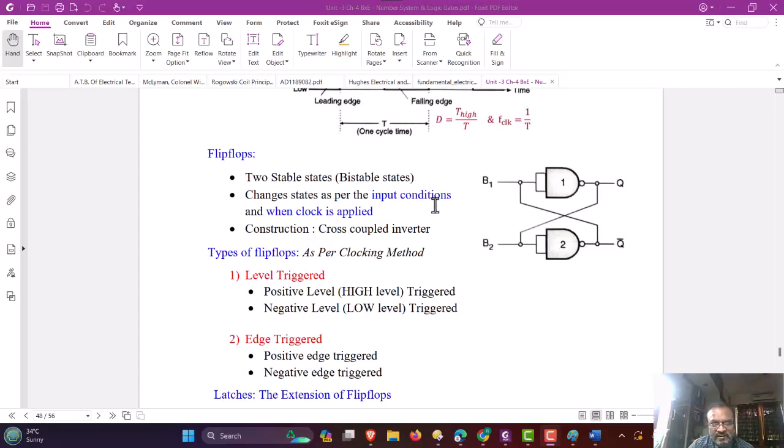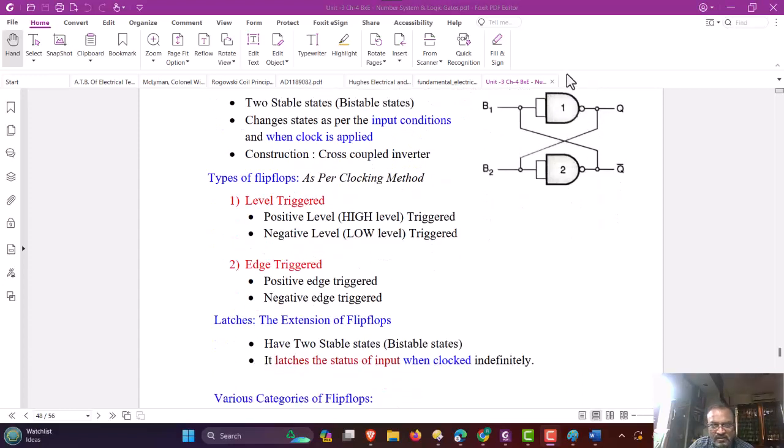That is mentioned here. The state will be changed as per the condition at the input and the applied clock, if a clock is used. If a clock is not used, then the output condition will depend only on the condition of the inputs. Construction-wise, it is similar to a cross-coupled inverter.